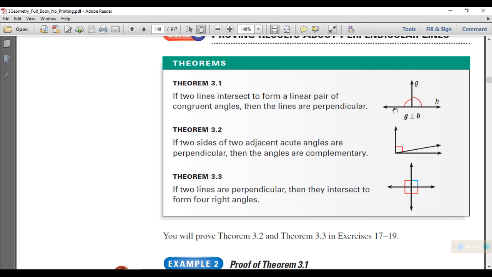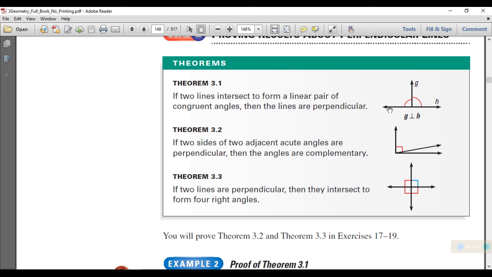So, kapag meron kang, for example, this is line H, tapos nag-intersect siya with line G, tapos nakapag-create ka ng congruent na angles, automatically, your linear pair will give you perpendicular lines, each of 90 degrees.